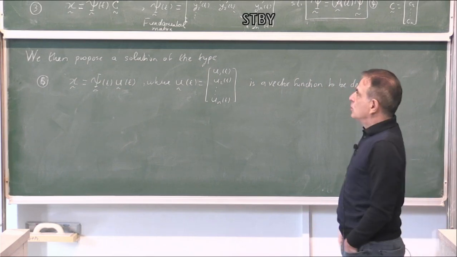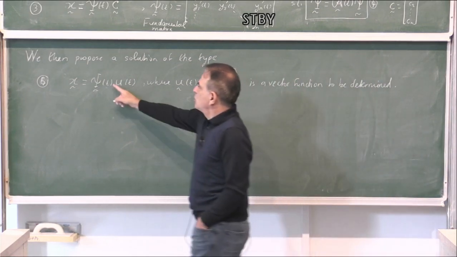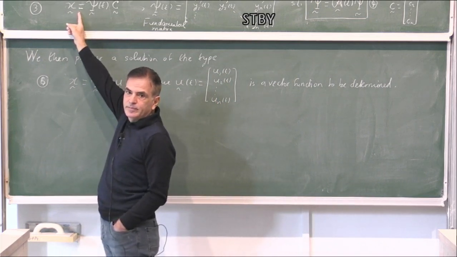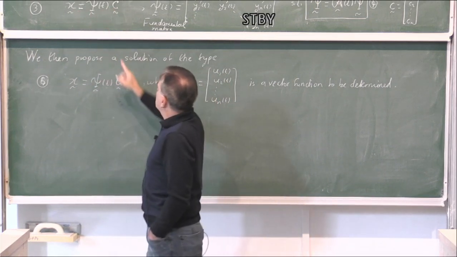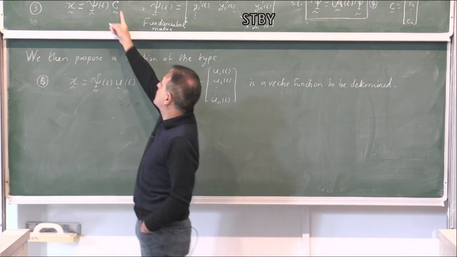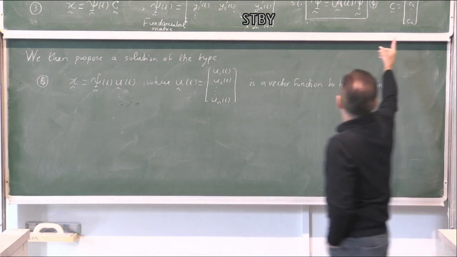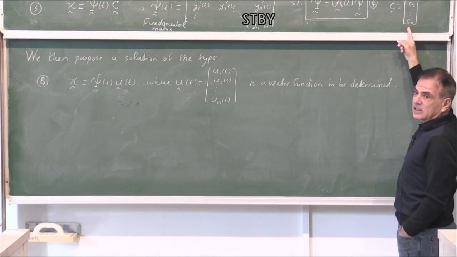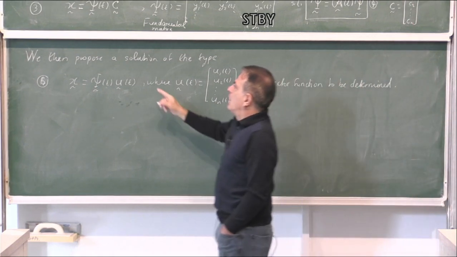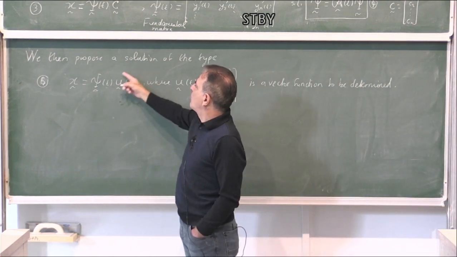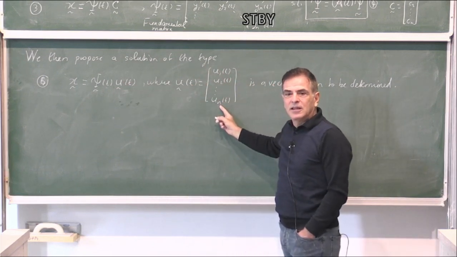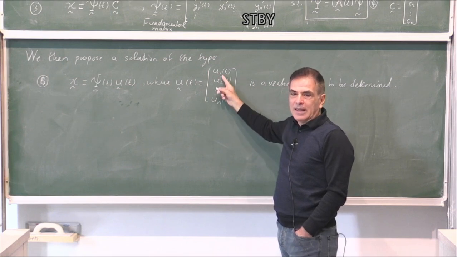Good. So compare this solution and the solution in 3. Look, in place of the constant vector, or the vector whose components are all constants, not depending on t, it is replaced by a vector function whose components vary with t.